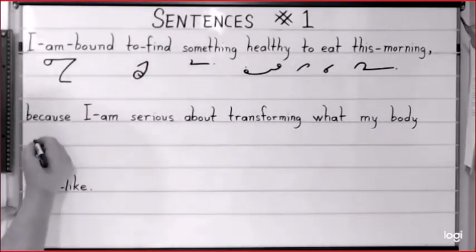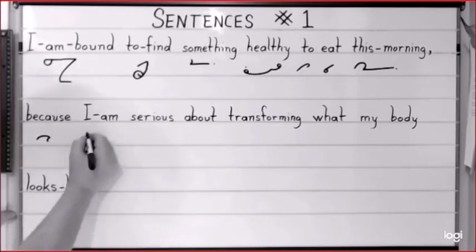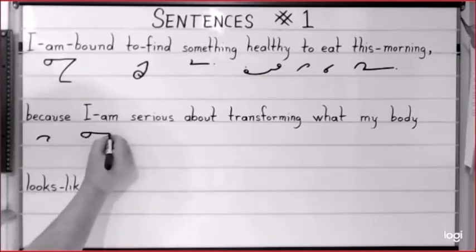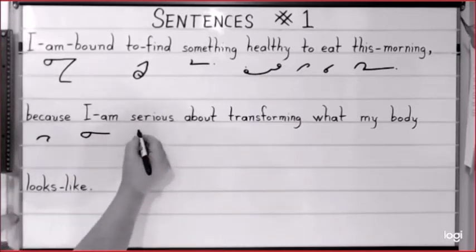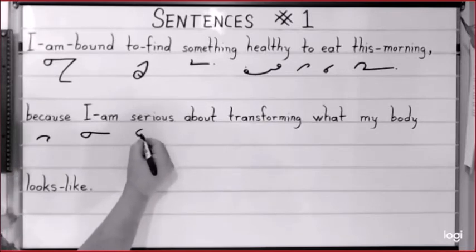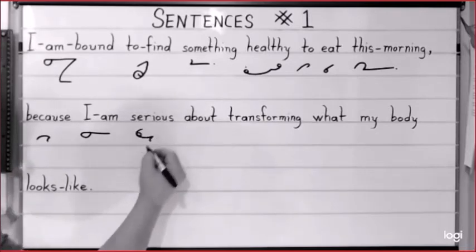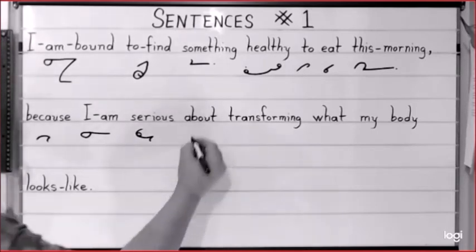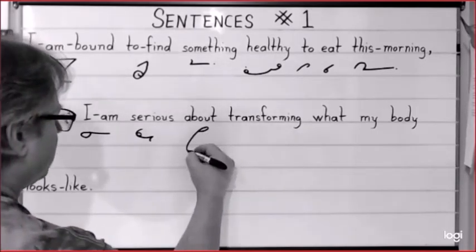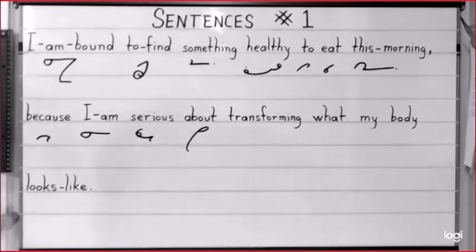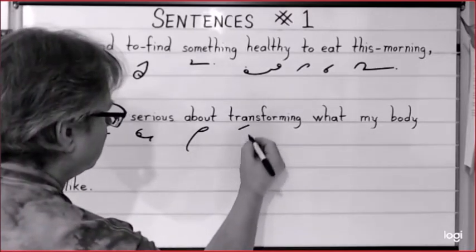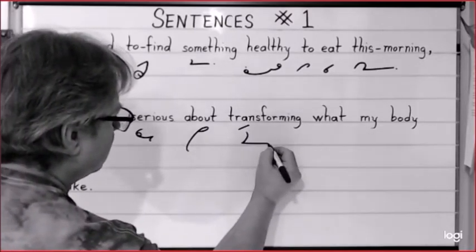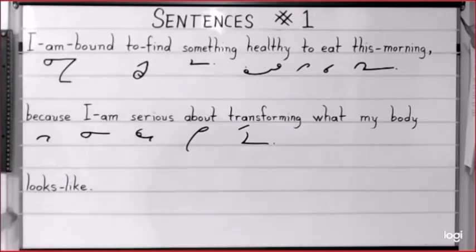For because is K, S. I am is A, M. Serious is the left S, E, R, S. About is A, B. Transforming is the disjoined T, and then the F, M, dot for the ing.